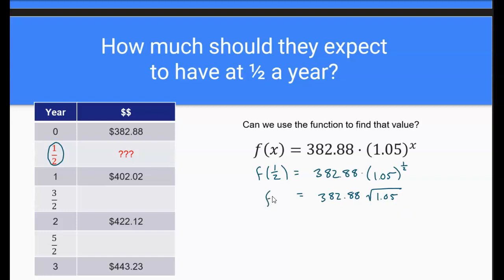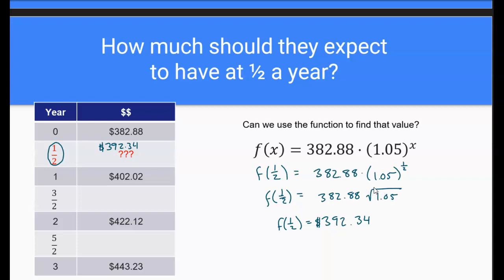So we can plug that into our calculator and just figure out what it is. 382.88 times root 1.05, I get 392.34 when I round. So 392.34. They make about $10 in half a year's interest.